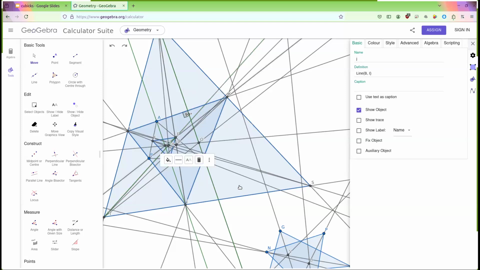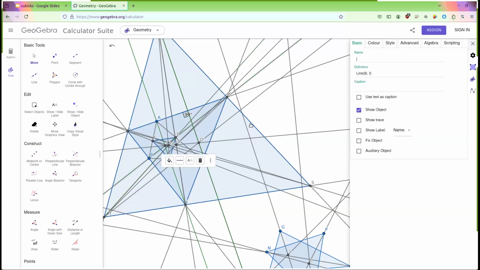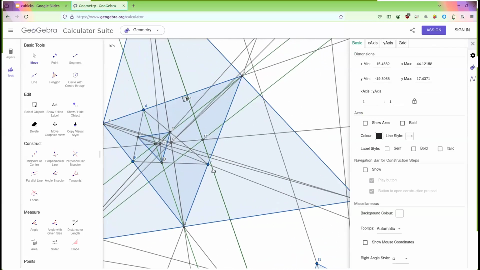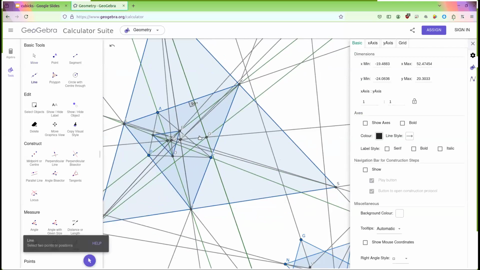We also have that this line and this line are parallel by the same 90 degrees thing. And similarly, oh wait, crap. This line and this line are parallel.